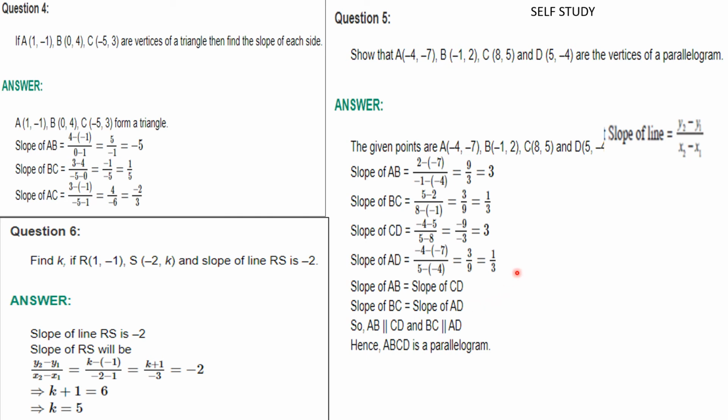So it is same, that is 3. Therefore, we have line AB parallel to line CD and line BC parallel to line AD. When opposite sides are parallel, then this quadrilateral ABCD is a parallelogram.